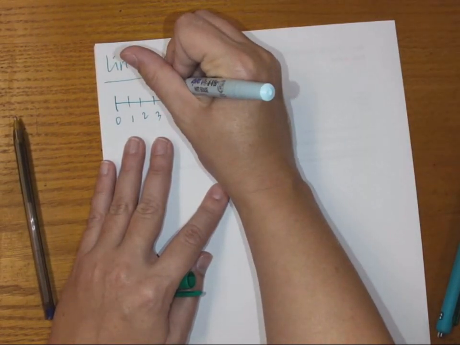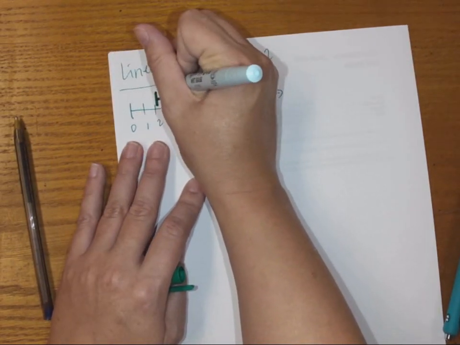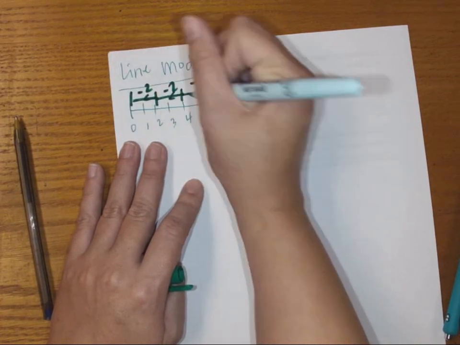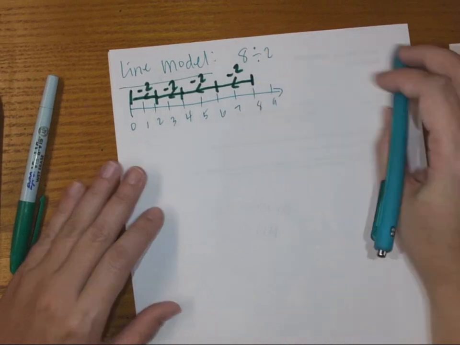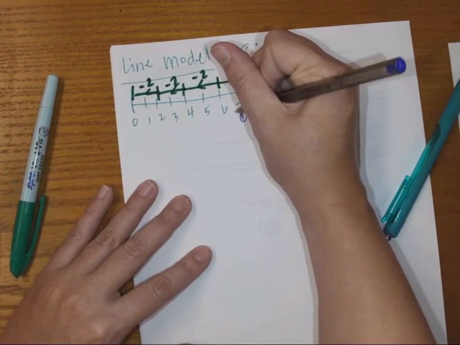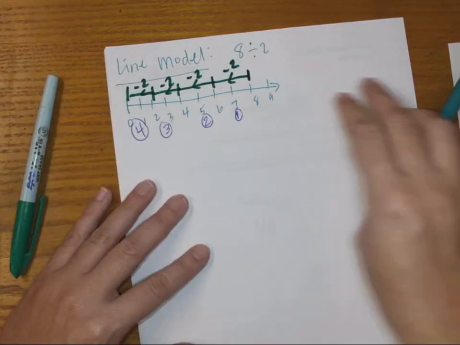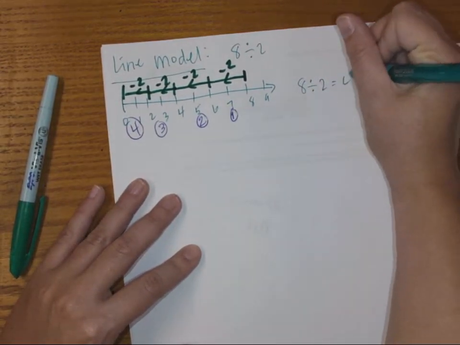Do it again. This time I get to 4. Do it again. This time I get to 2. Do it again. This time I get to 0. So the number of times that I subtracted is 1, 2, 3, 4 times. So 8 divided by 2 equals 4.